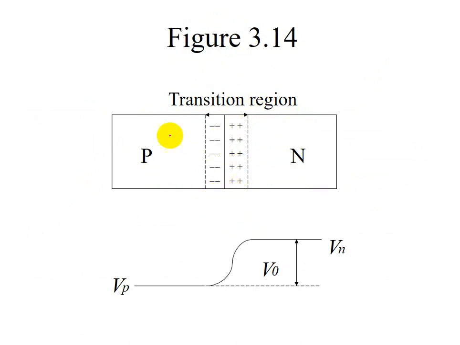Over here, you are supposed to have a lot of holes in the P-type due to the introduction of a group 3 element, and in the N-type area a group 5 element was introduced, so you get a lot of electrons here.